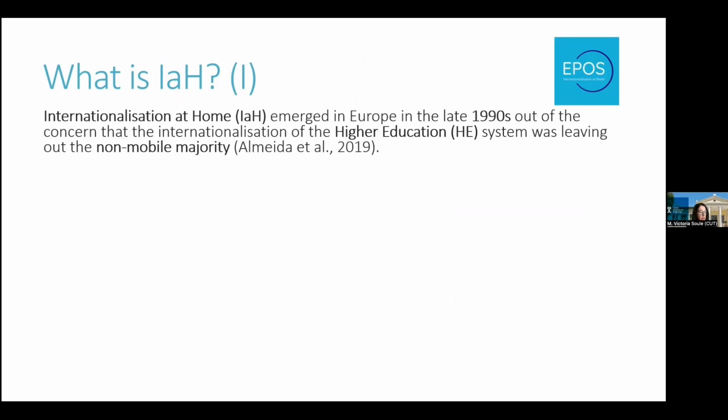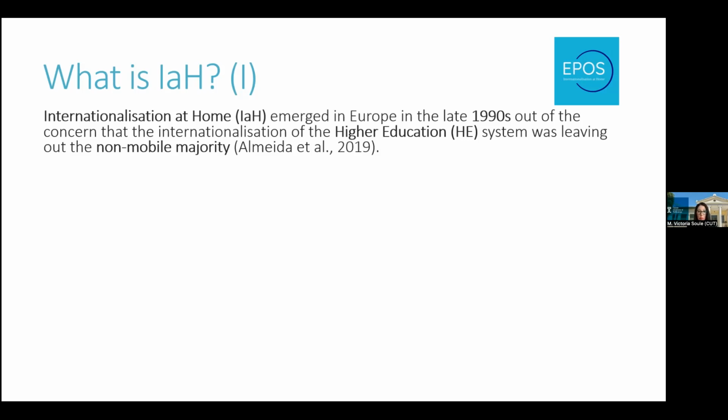According to the literature, internationalization at home emerged in Europe in the late 1990s out of the concern that internationalization of the higher education system was leaving out the non-mobile majority. This is those students who couldn't travel.